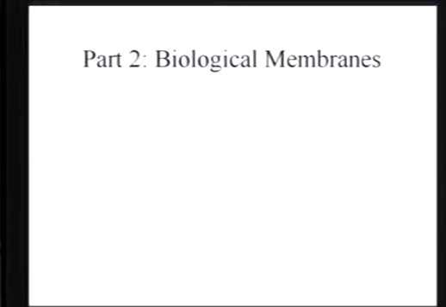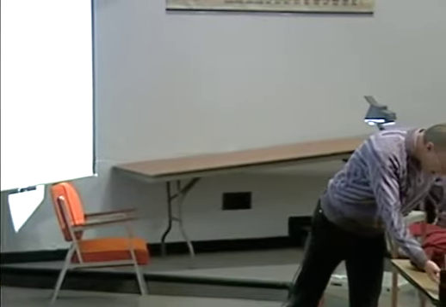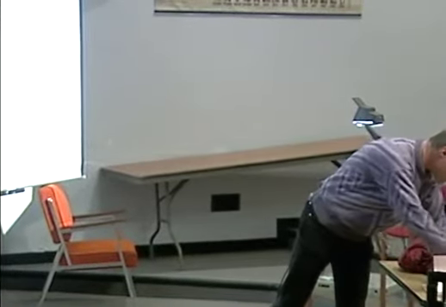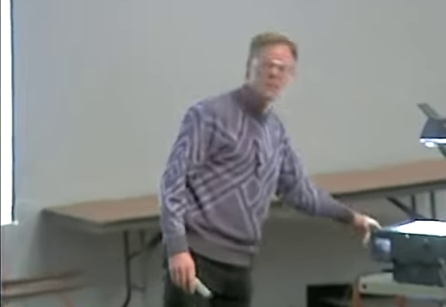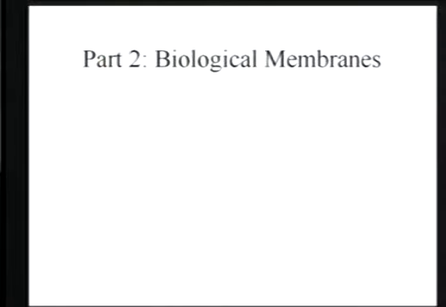I was sort of hoping I'd be able to finish that up on Friday, but I didn't quite get far enough. So we're now on to the next stage of this, which is biological membranes. You remember this chapter has basically 2 different parts to it. One of those parts was energy and energy usage in the cell, and the other part is the part about biological membranes.